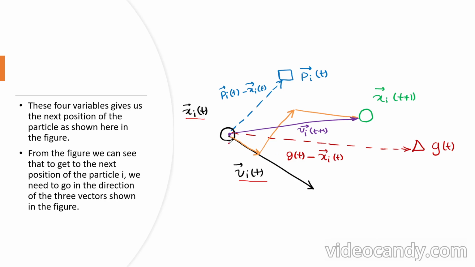And from this v of t and these two we will get the v of t plus 1, as v of t plus 1 is an equation comprising of both p of t, x of t and g of t. By using this one and this one we can find the next position of the particle.